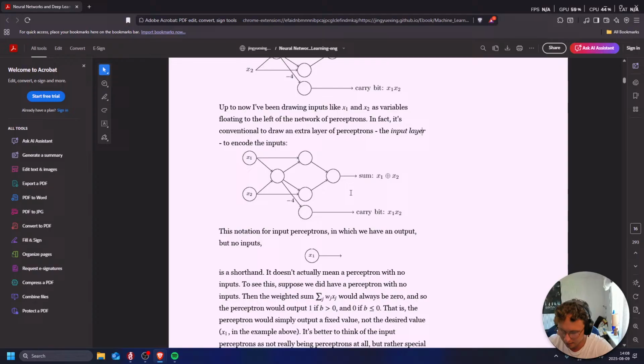And also, you can add connections with the same input as long as you add the weights together.